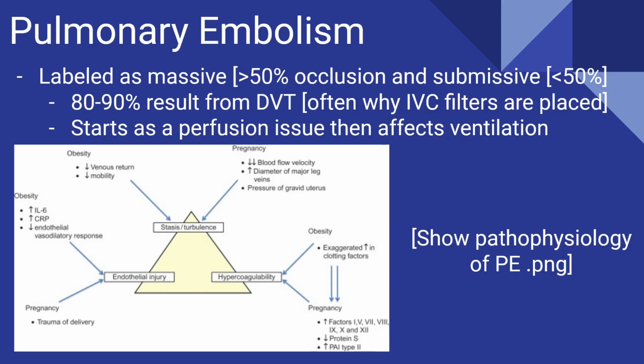If you have a patient that's bedridden and they don't have SCDs on for a week, that's going to contribute to their risk for DVT and eventual pulmonary embolism. Any kind of endothelial injury, any kind of trauma that a patient comes in for, and then any kind of hypercoagulative state. So especially in pregnancy, we want to keep an eye and think about all these kinds of things that could place our patient at risk for a pulmonary embolism.